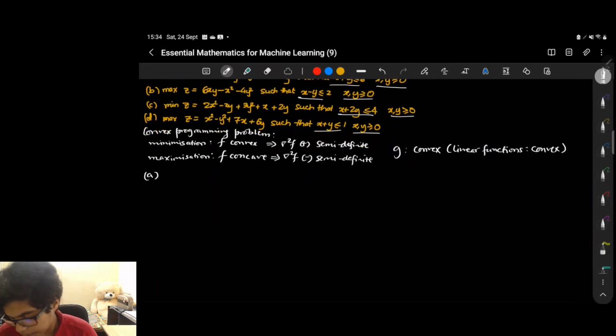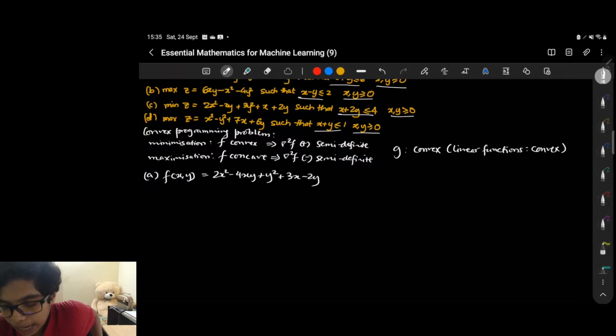So let's start with A. This is the first function for option A. Now del f, the gradient of f, is as follows.